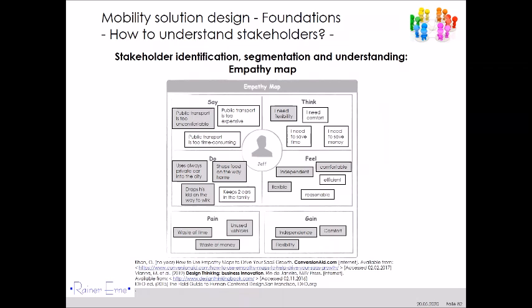And the art of doing good research or good stakeholder understanding is that you come, even in an interview, from the say level to the think and feel level. What are the real needs behind what Jeff says? Flexibility, independence, comfort could also be attained by other means of transport than by using his own car.